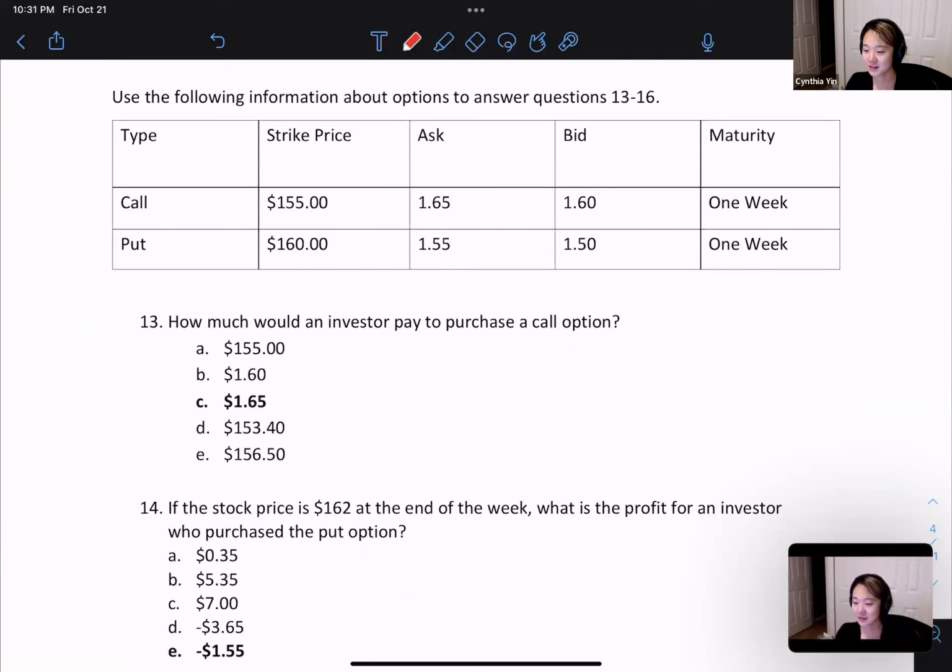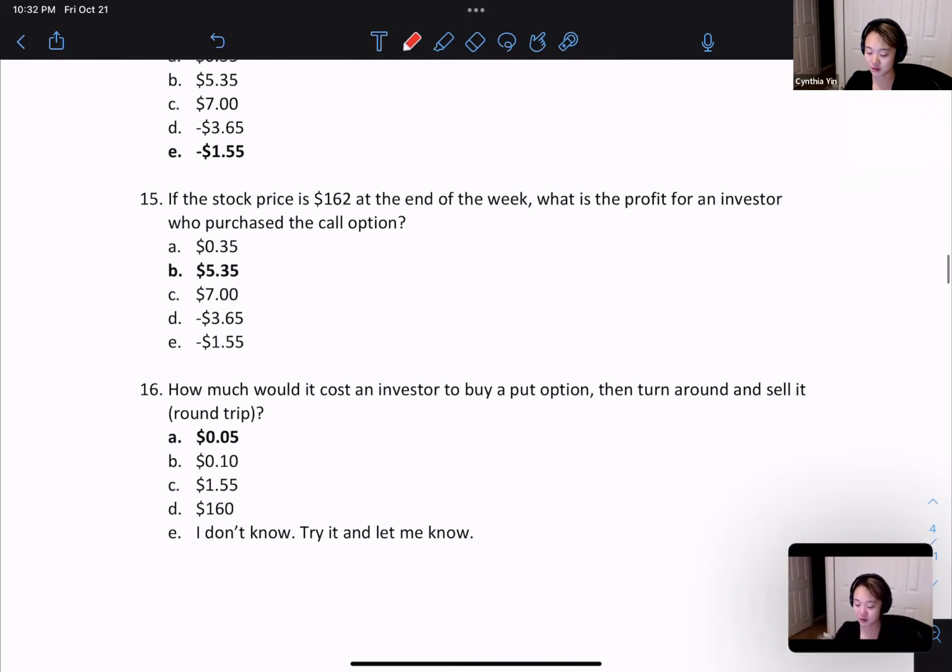I deleted it because I want to save you some time and energy on other things. It's very important because I'm going to test you on the final. We will have another whole chapter on options and derivatives. So after the midterm, if you have time, you would want to spend some time on this, although it's just a little, it's going to be later in this semester. So let's skip these questions for now.